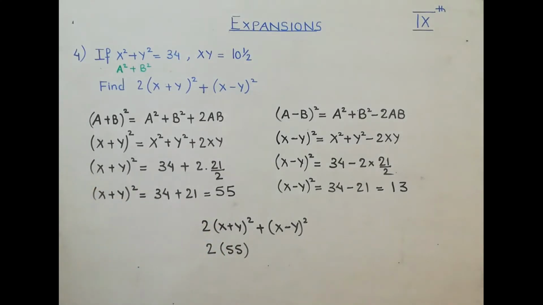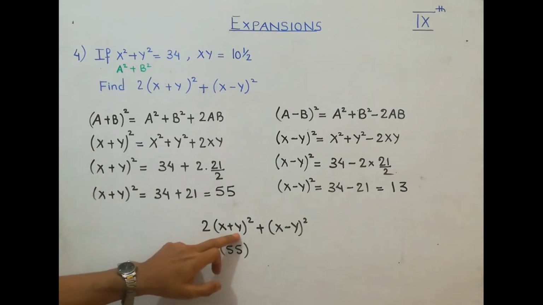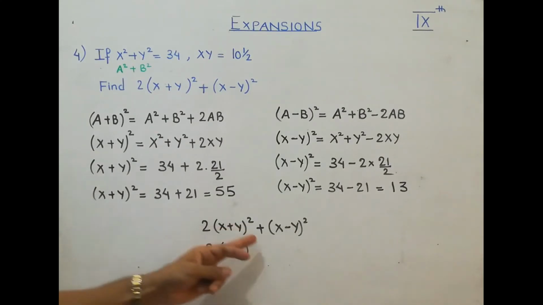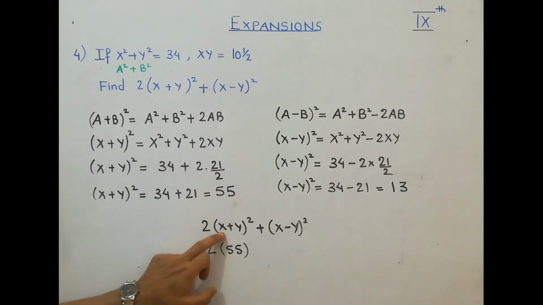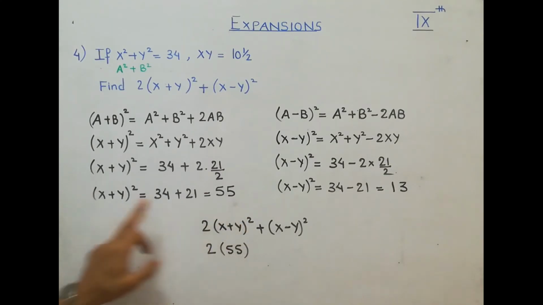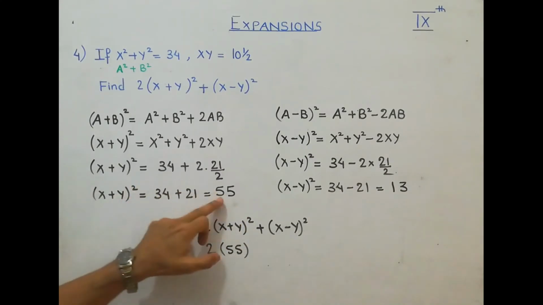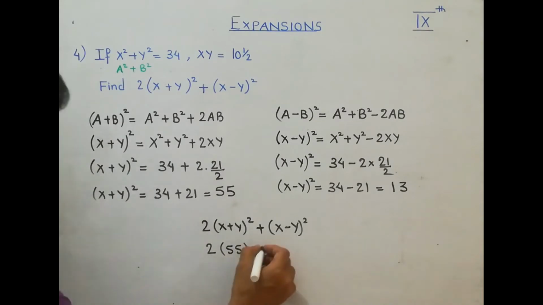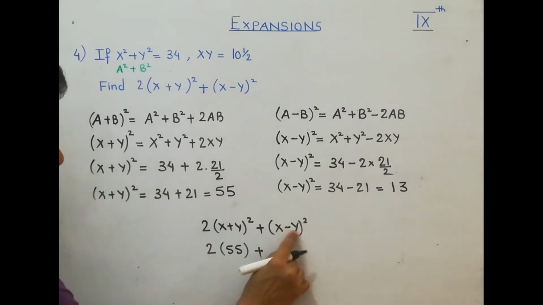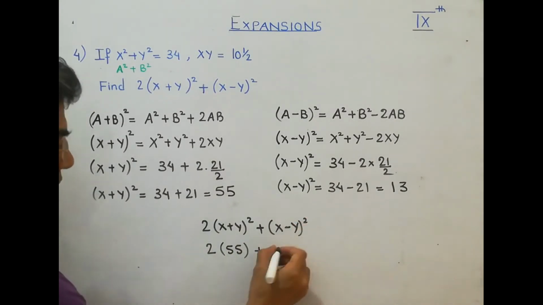Some of the students, in place of x plus y, they substitute 55 and then they put a square sign. No, (x plus y) whole square is equal to 55. (x minus y) whole square value is 13.